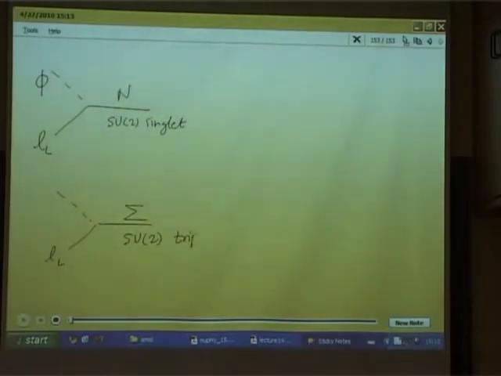So you can choose not to put in this nu_R at all. Say I don't need nu_R in it. I only want this sigma. So it's your choice. Once you introduce this, then just like before, one can have a diagram like this. So phi and N, sigma, phi, and L.